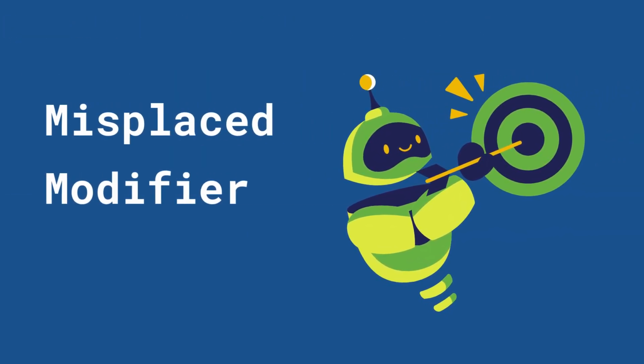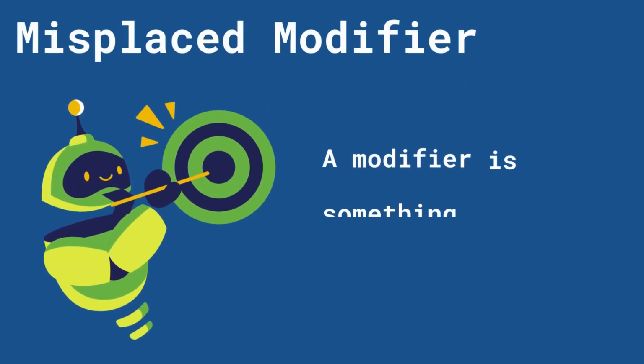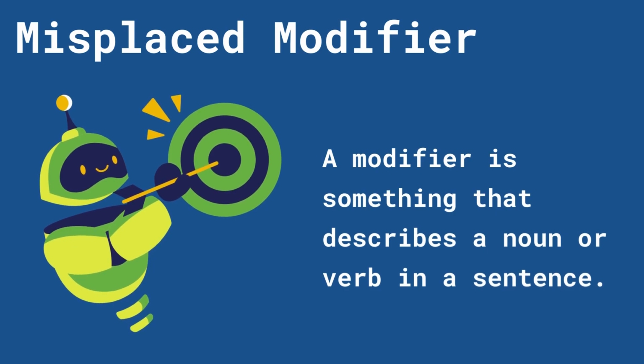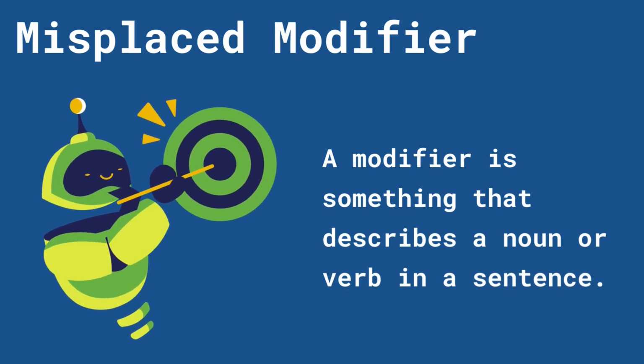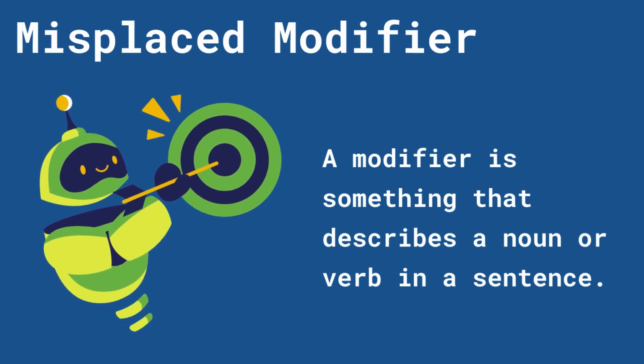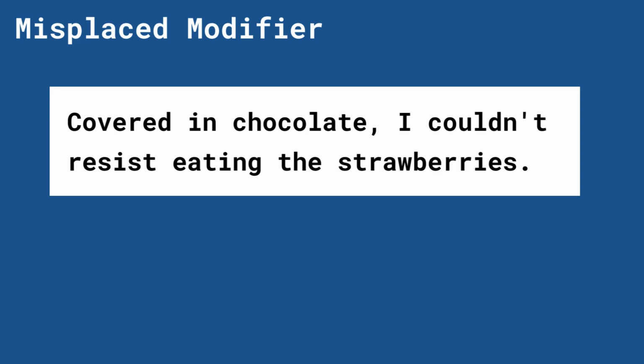Another grammar mistake that causes confusion is a misplaced modifier. A modifier is something that describes a noun or verb in a sentence. A misplaced modifier creates confusion because the intended meaning is unclear. Here's an example. "Covered in chocolate, I couldn't resist eating the strawberries."